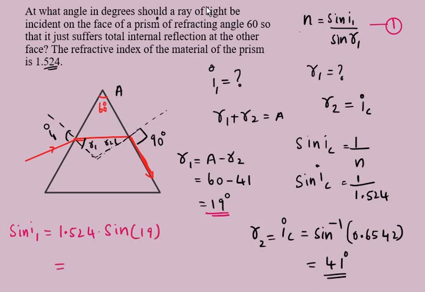Once you simplify this, 1.524 into sin 19 is nothing but 0.3256. This value you can calculate from the table. Once you simplify this, you will get the value of I1 as 30 degree. So this is the final answer.